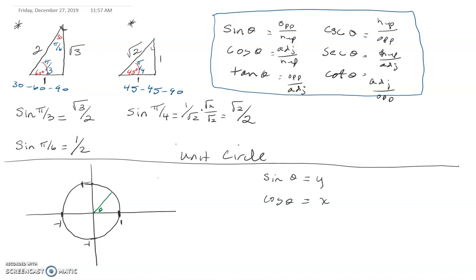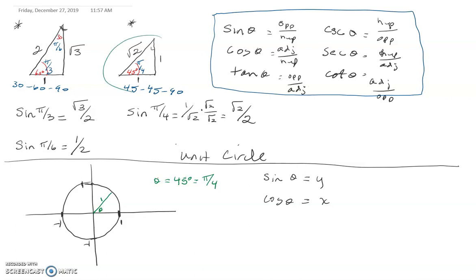There's 45 degrees. So my theta now is 45 degrees, which we know is pi over 4. But it's a unit circle, and because it's a unit circle, my hypotenuse must be a 1.